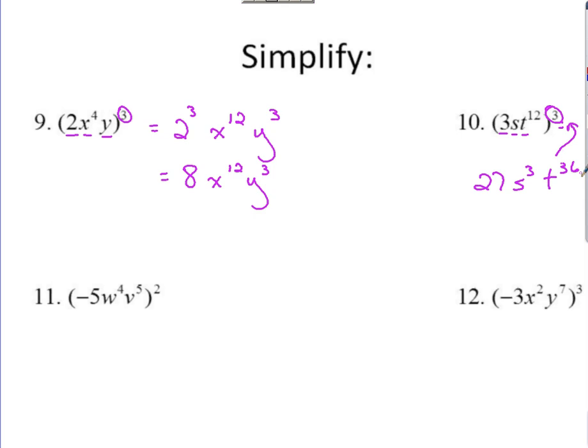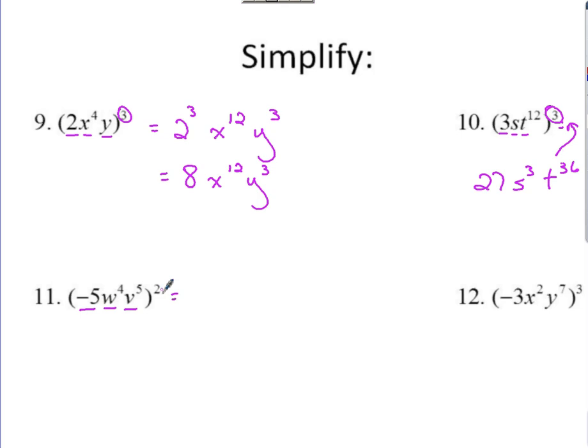All right, for a little more variety, we throw some negatives in here. Throw a negative in here on 11 on that 5. That's inside the parentheses. So I have to understand that it's a negative 5 times a w to the 4th times a v to the 5th. Each of those is being raised to a power of 2.